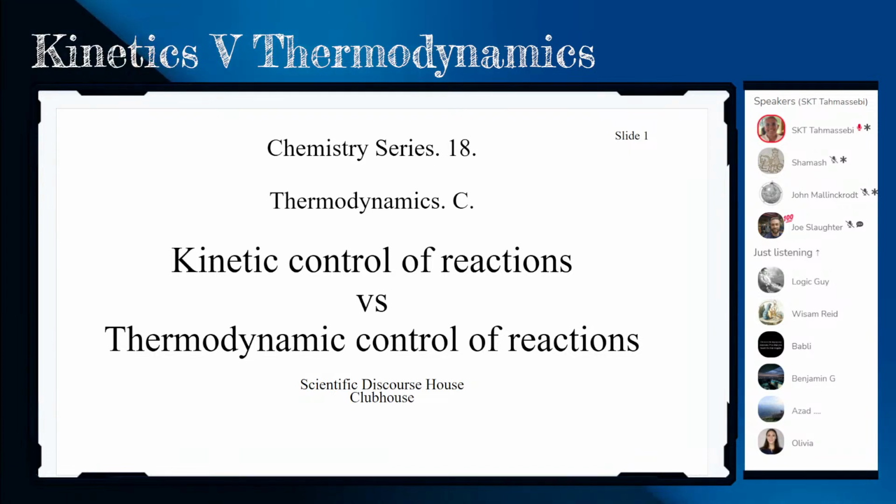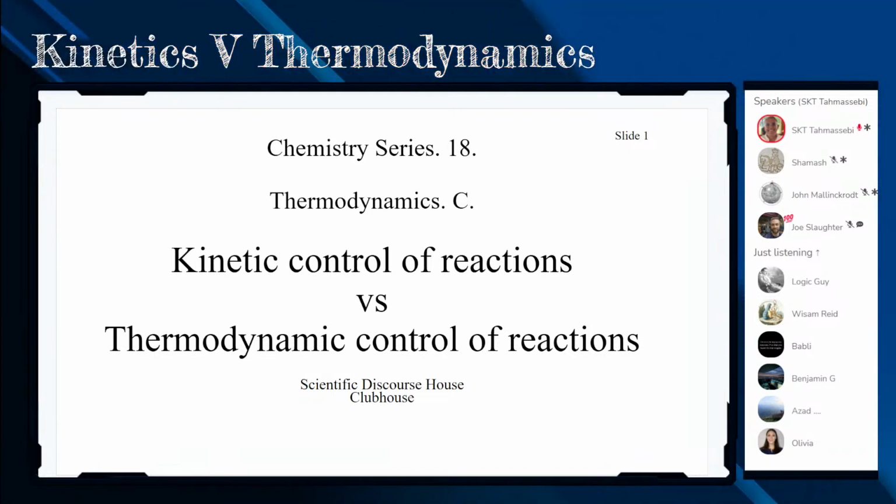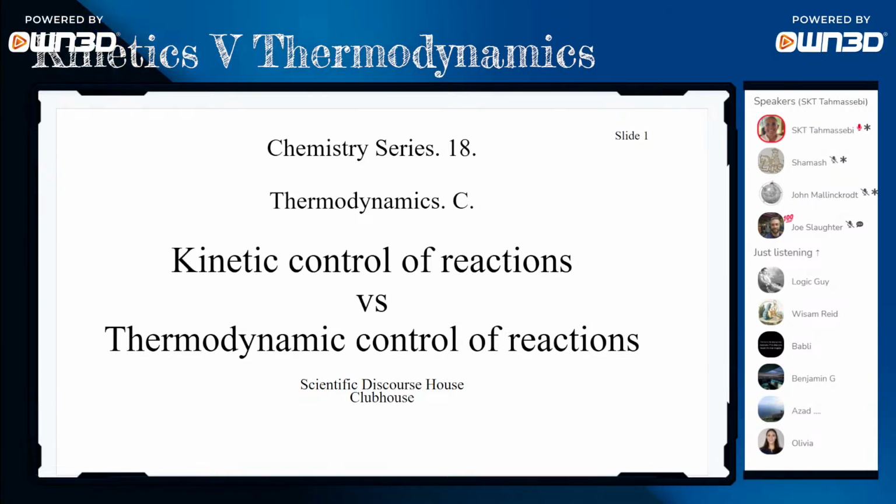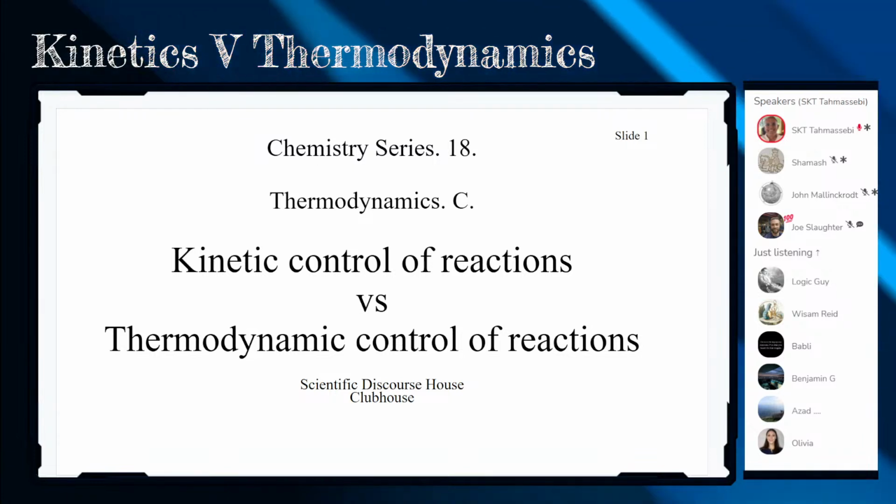That is by changing the thermodynamic conditions of the reaction. By changing reaction conditions, I can make some pathways be available and some pathways not be available. I can't change the pathway itself, right?